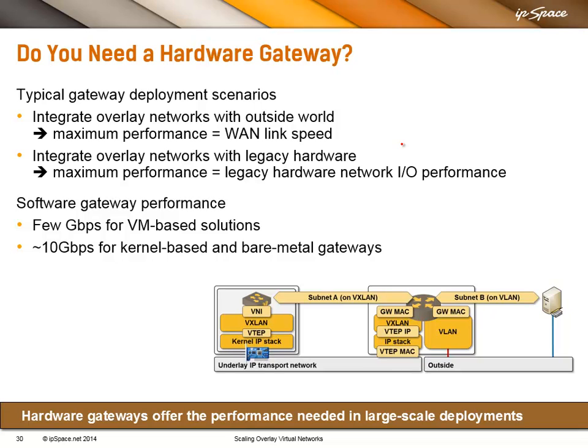For software gateways, performance is usually, as I said, in a few gigabit range, approximately 10 gig for kernel-based and bare metal gateways, and hardware gateways usually do this at line rate, which means terabit or more.